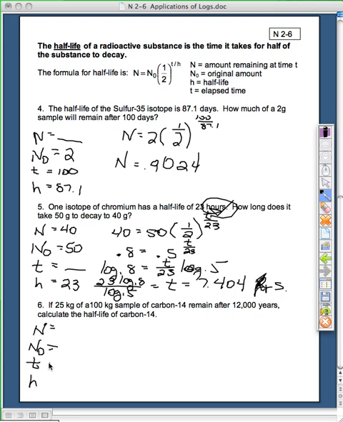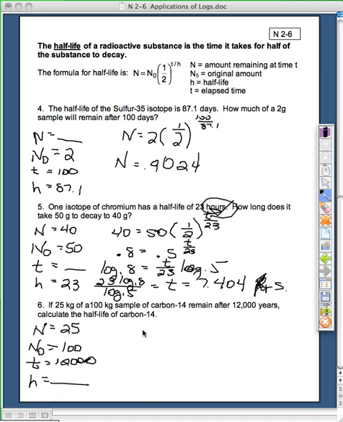25 kilograms of a 100 kilogram sample. So we must have started with 100. We ended up with 25. Carbon 14 remains after 12,000 years. So what is the half-life? This is what we're looking for.